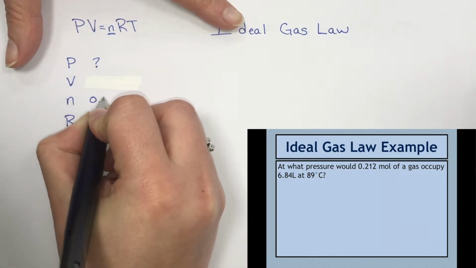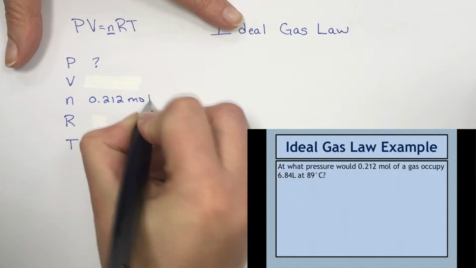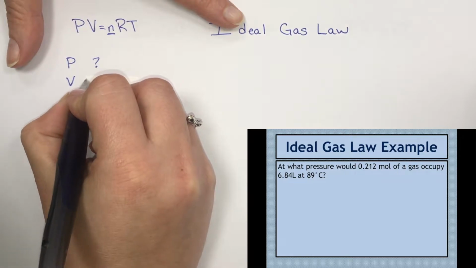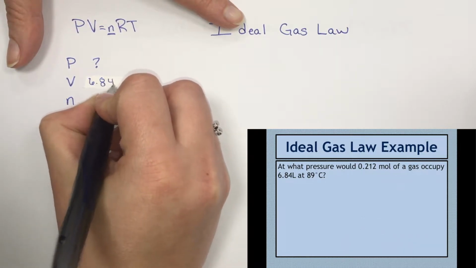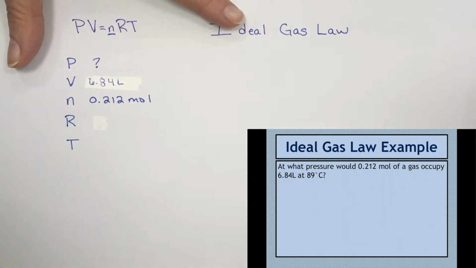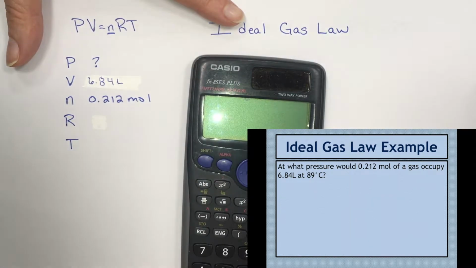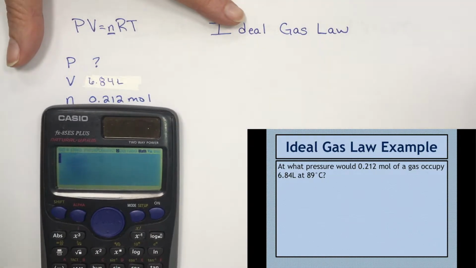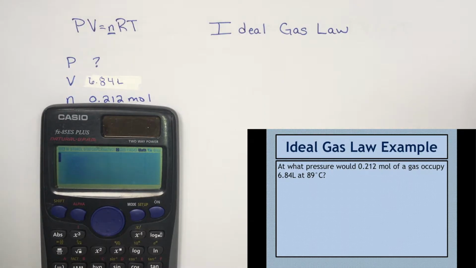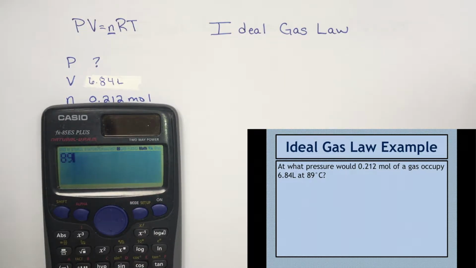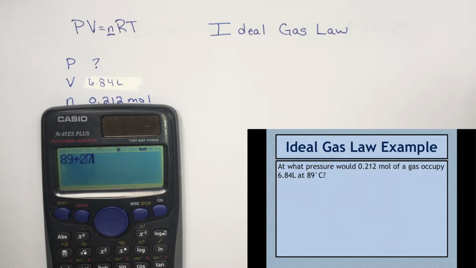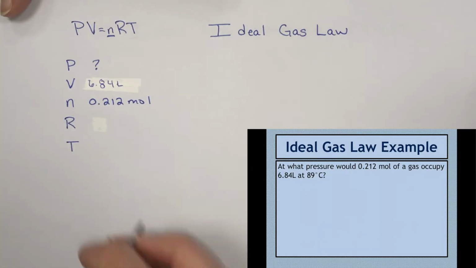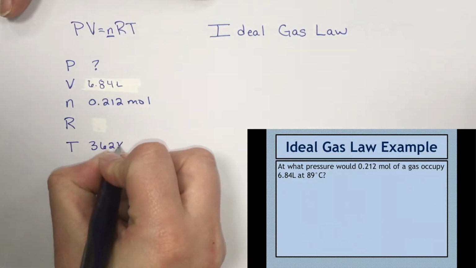Anyways, moles are here, 0.212 moles of a gas occupy, this is the volume, 6.84 liters at 89 degrees Celsius. So let's convert 89 degrees Celsius plus 273, 362 Kelvin.